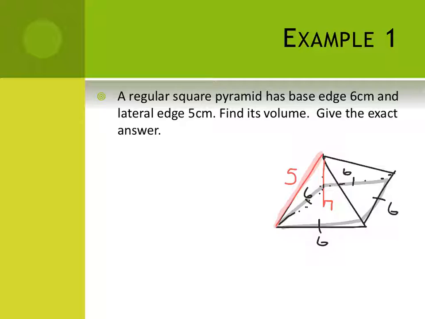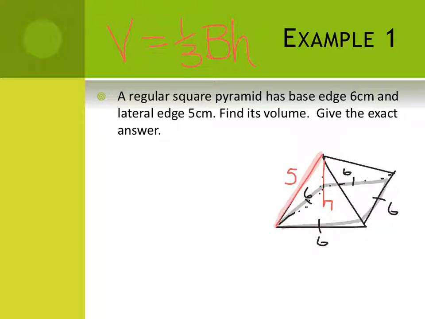It wants me to find the volume. Remember, the formula for volume of a pyramid is 1/3 the area of the base times the height. Finding the area of that base is easy because it's a square and all I have to do is 6 times 6.